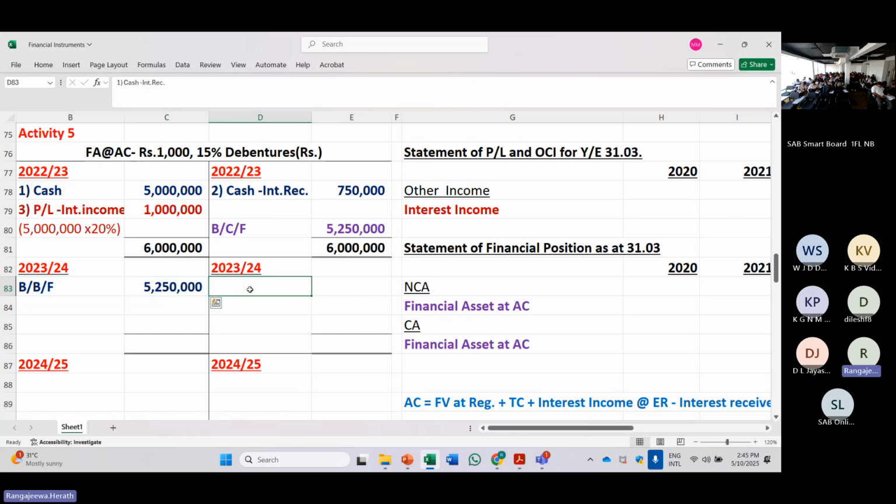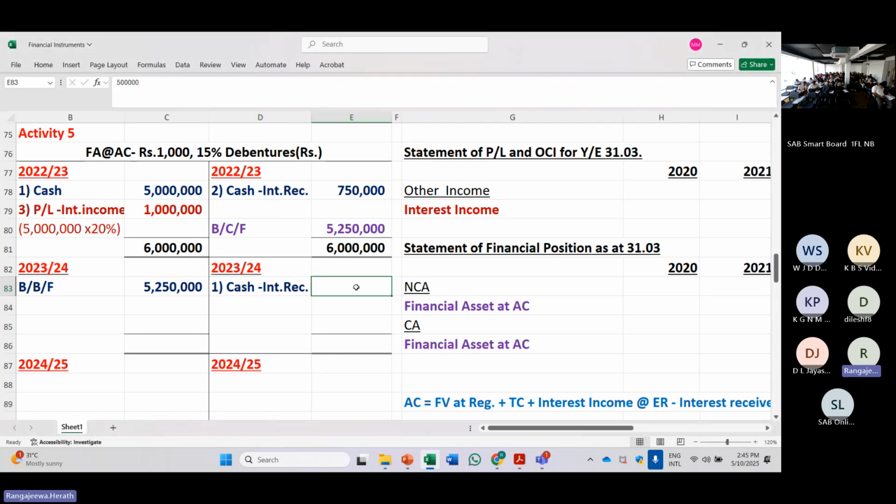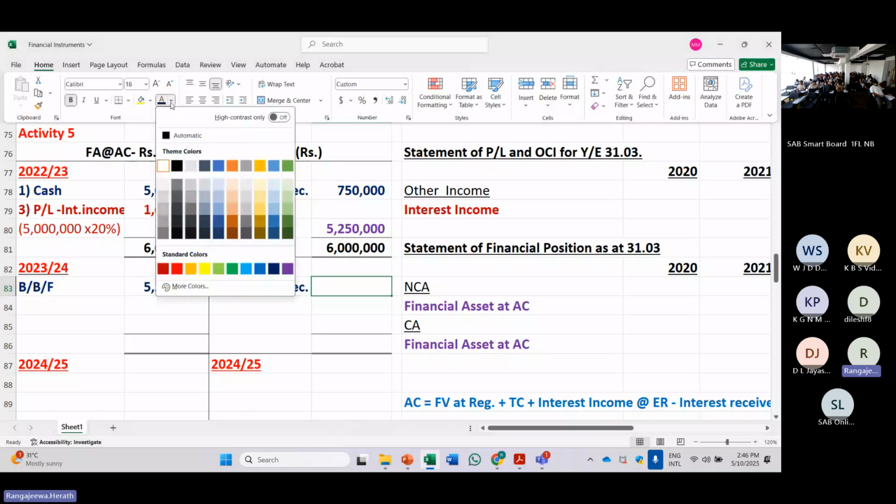In the second year also we are going to receive the same interest. The interest amount we receive does not change. We are receiving interest of 750,000, which is 15% of the face value.